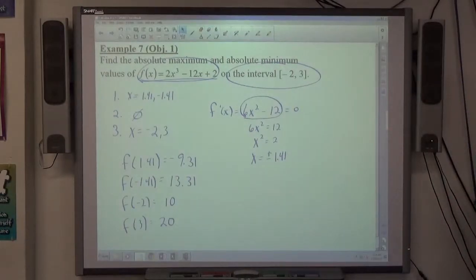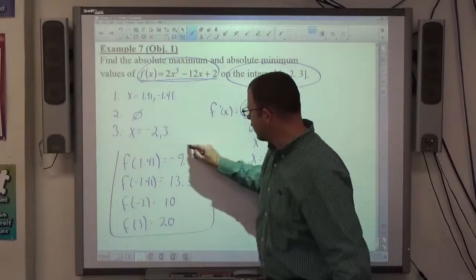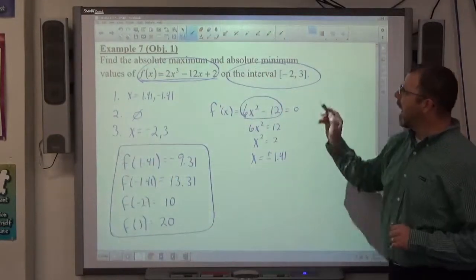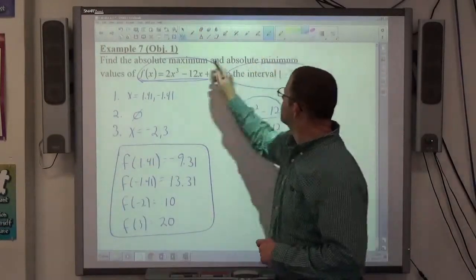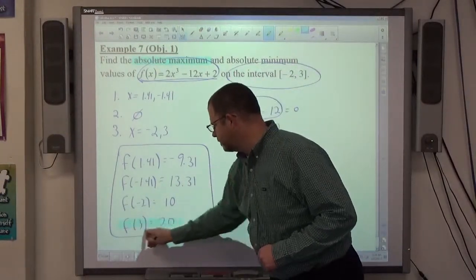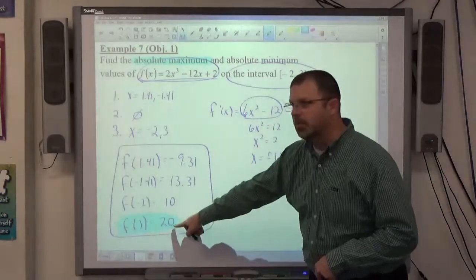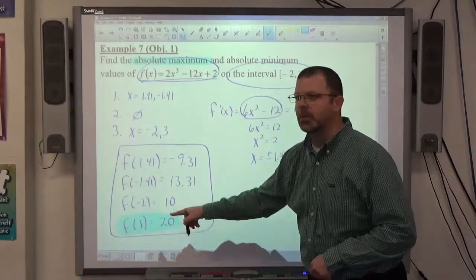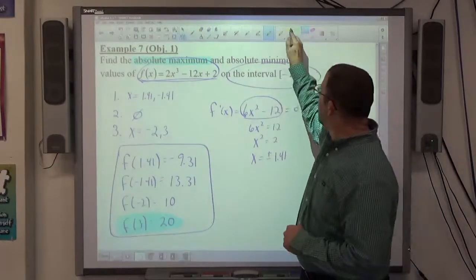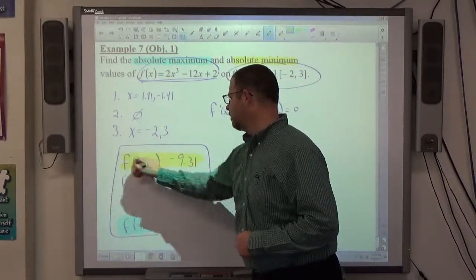All right. So at this point, I've just evaluated the function at each of my critical numbers, and the absolute maximum is the biggest one that shows up. Of all these 4 numbers, that's the biggest number. That's the absolute maximum. The absolute minimum is the smallest one. This one looks like the smallest to me.